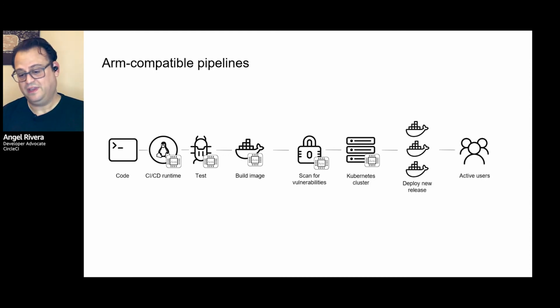So we're going to be using these ARM compute nodes to prove that CircleCI can also help ARM developers now, right? Before we didn't have this capability, but now we do. So in your pipelines, I'll show you how you can leverage CircleCI to run your builds on ARM powered compute nodes.